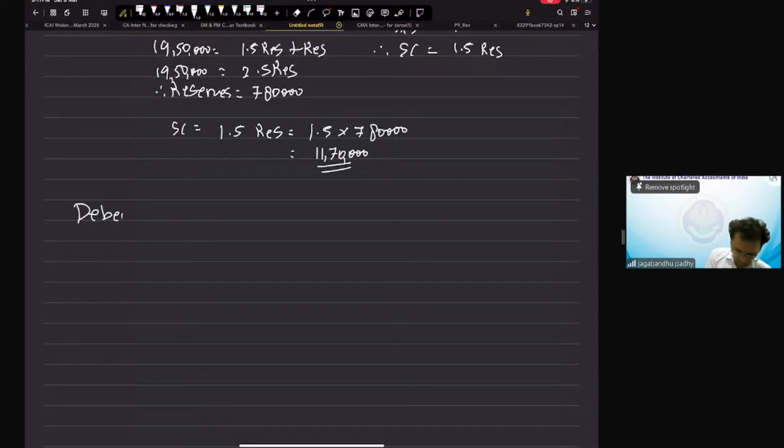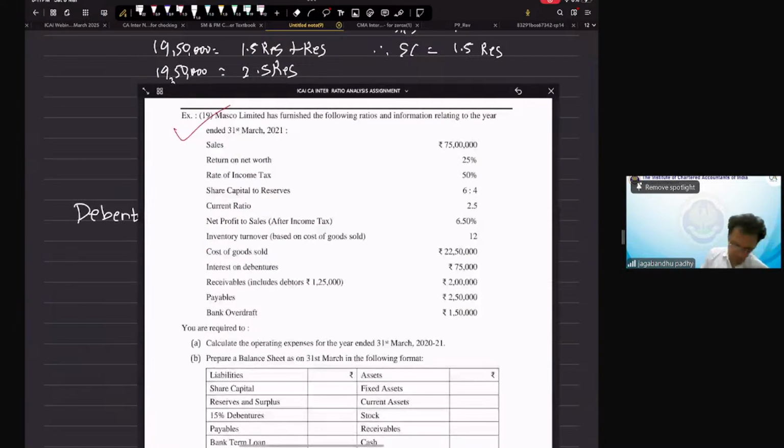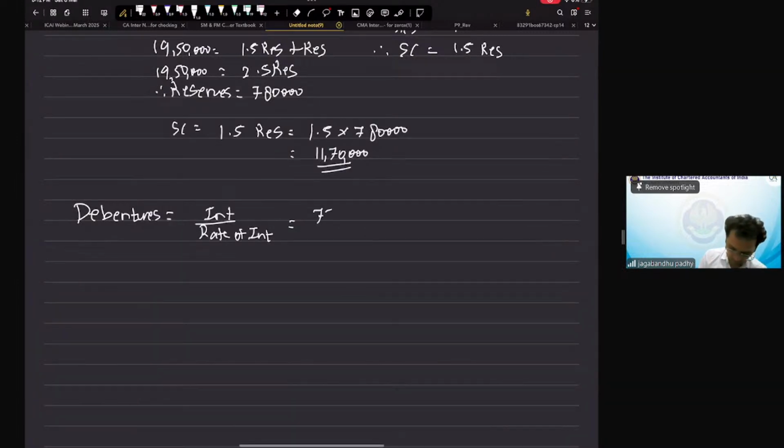The value of debentures is interest upon rate of interest. Interest is 75,000 upon 15%. 75,000 upon 15% is 5 lakh, the amount of debentures.